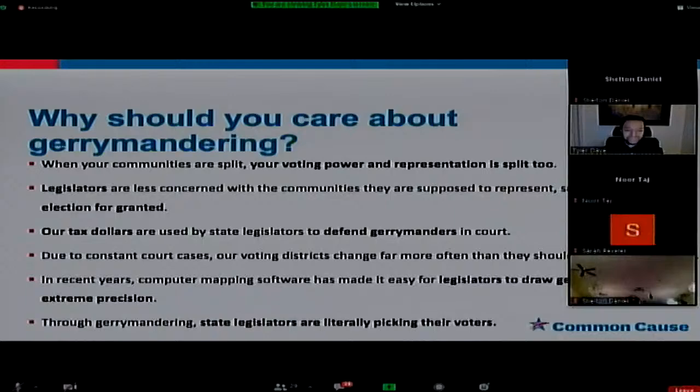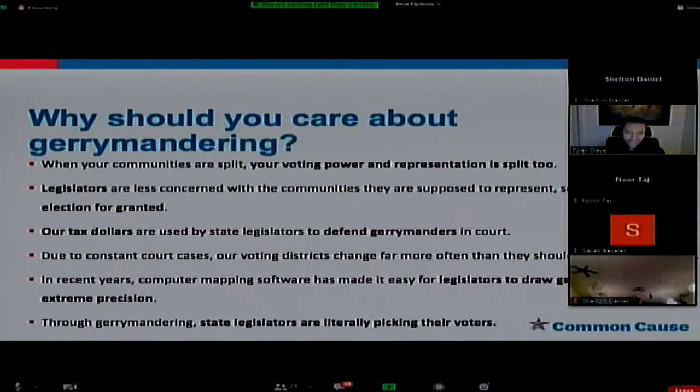I mean, the fact that a legislator would tell you, I don't have to talk to you, is really terrible. Our tax dollars are used by state legislators to defend these gerrymanders in court. It's our money that is being used to support these gerrymandered maps. Due to constant court cases, our voting districts change far more often than they should.